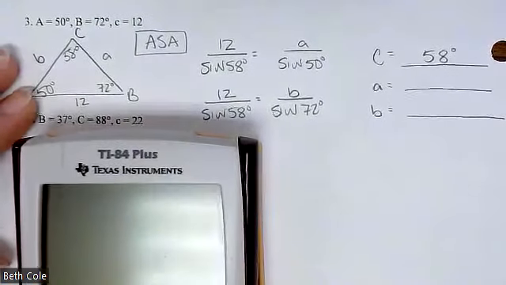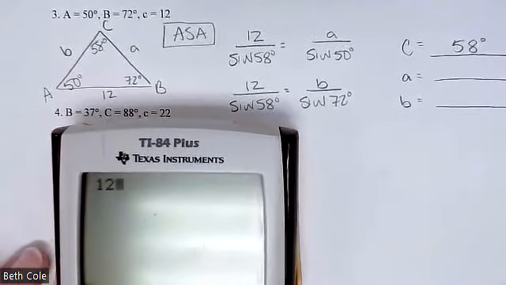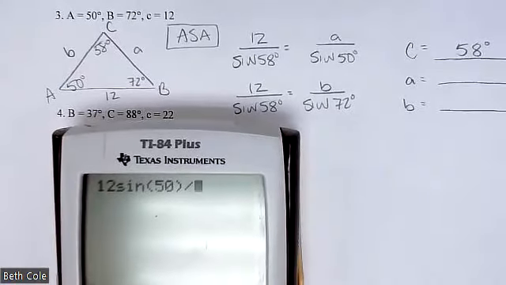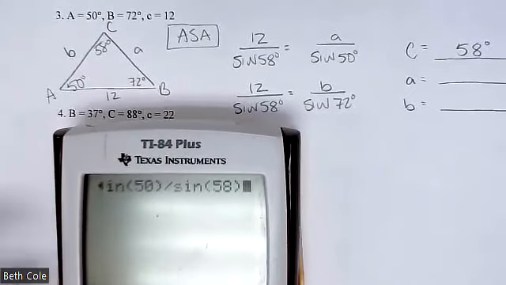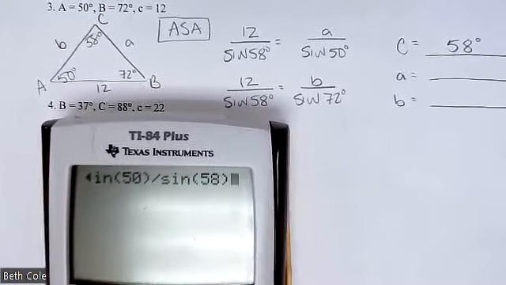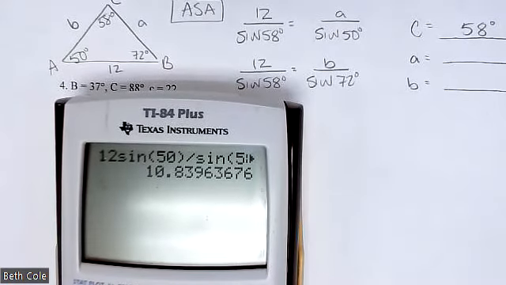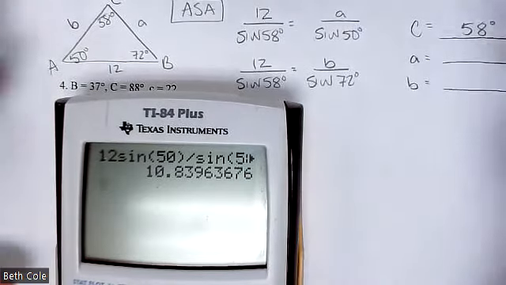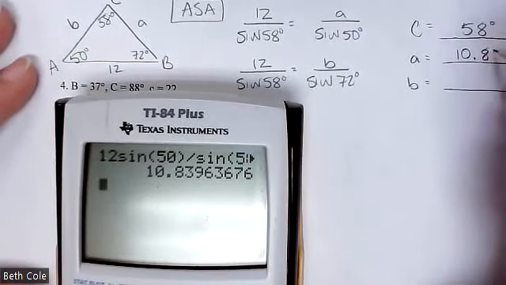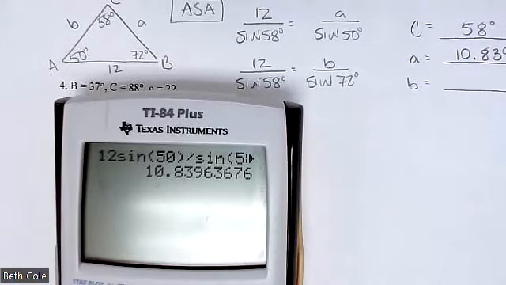And so A should be smaller than B when I type these. Anyone want to share what they got for A before I hit enter on here? 39. Okay, good. Did anyone else get 10.83 something?